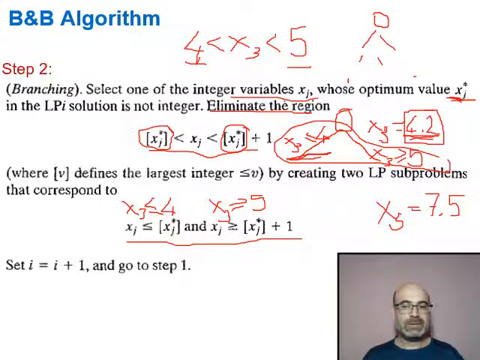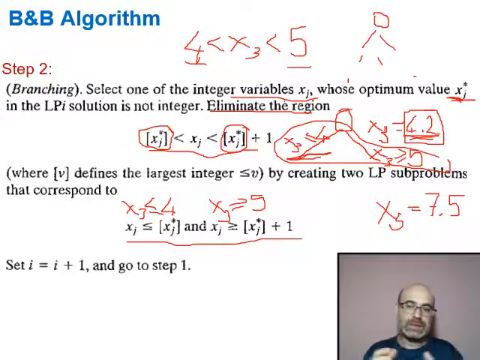Okay, but as a rule of thumb, if one of these, x3 or x5, is closer to an integer value, for example 4.2, it's very close to 4, but when you look at x5, it's 7.5. It is not too close to 7 or to 8, but 4.2 is closer to 4.